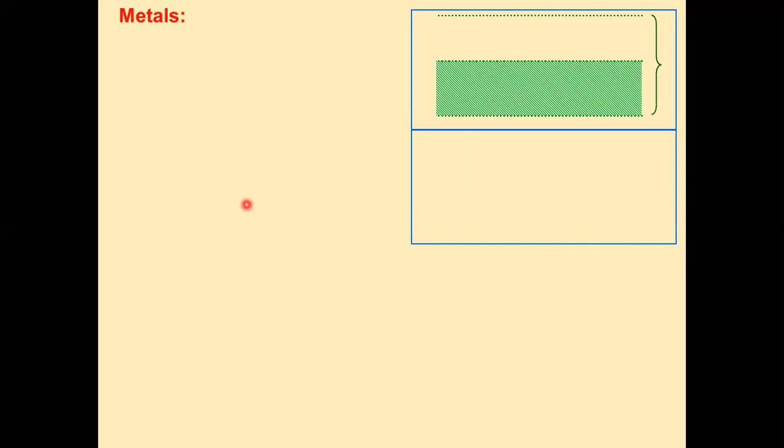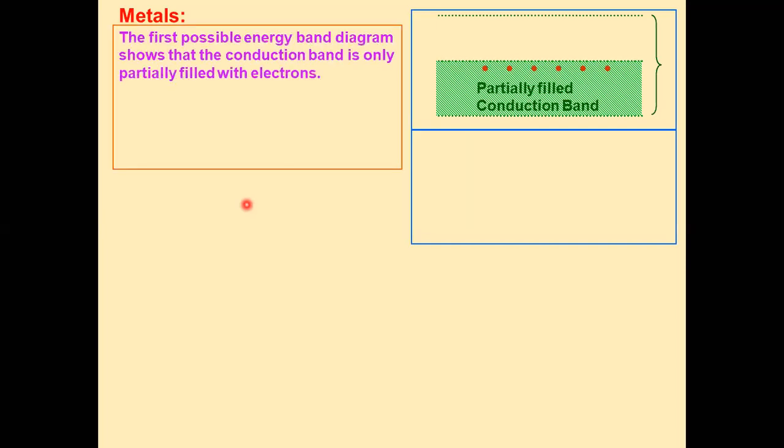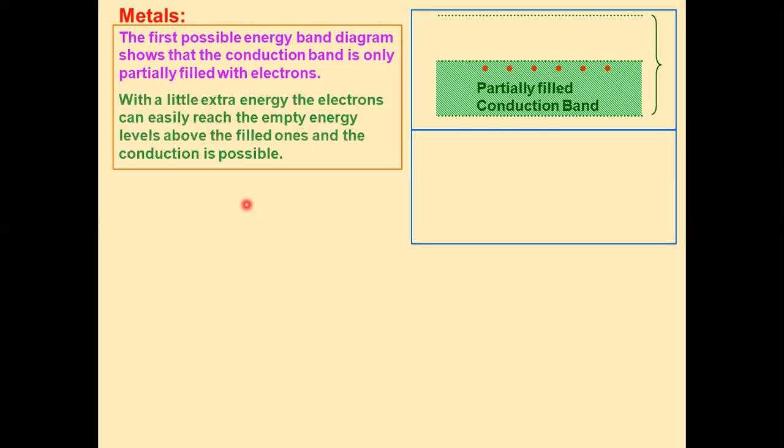The energy band gap for the metal or the conductor is nearly equal to 0, for the semiconductor it is less than 3 electron volt, and for the insulator it is greater than 3 electron volt. So the first one is the metal.